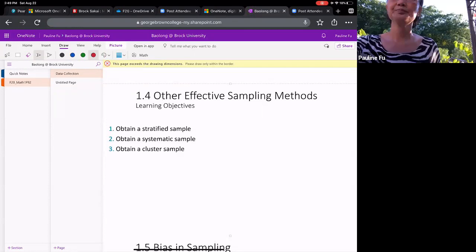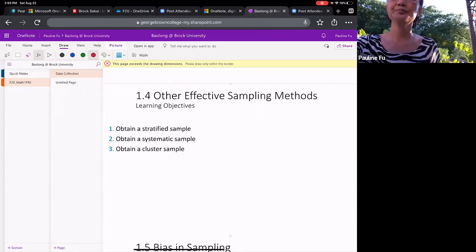For example, if you divide a population, Brock University has many different departments, and you randomly select some of the departments. That way you get a cluster sample, okay? Actually, you select all students in that department.